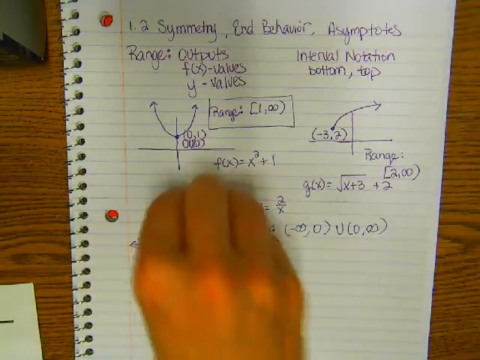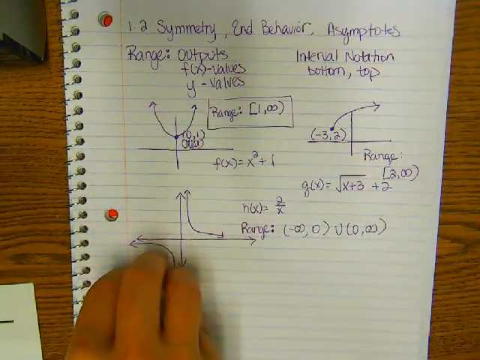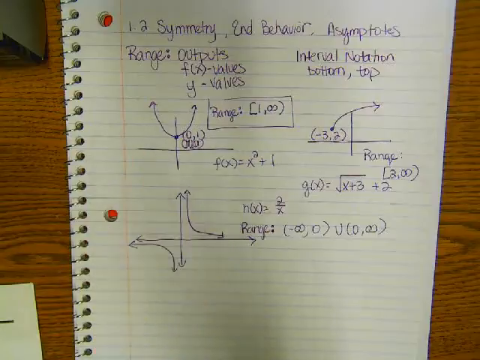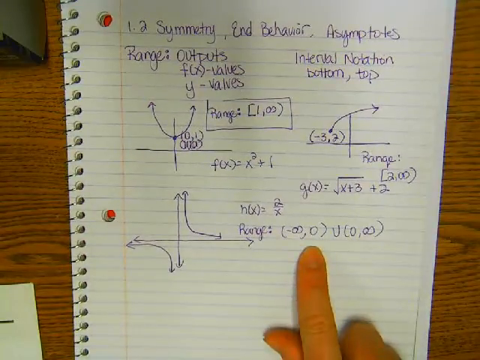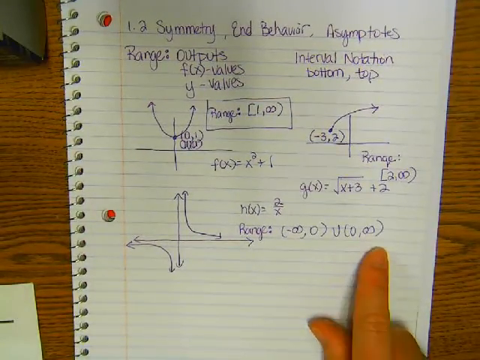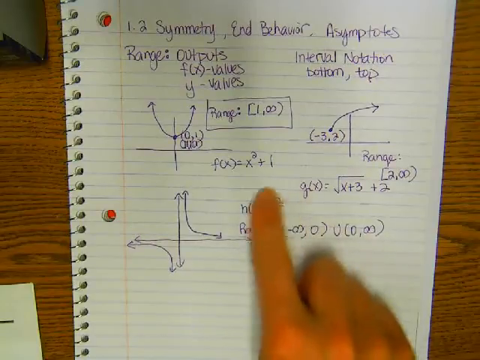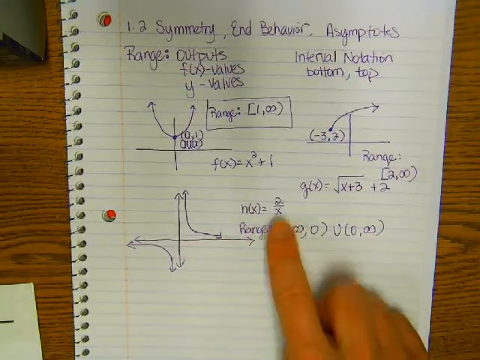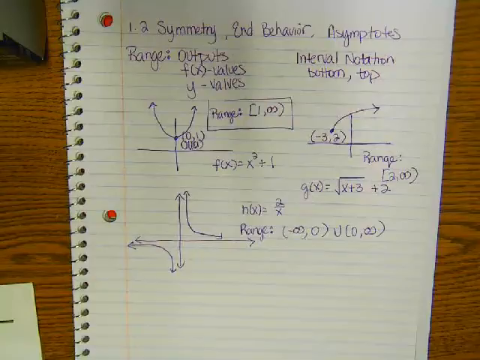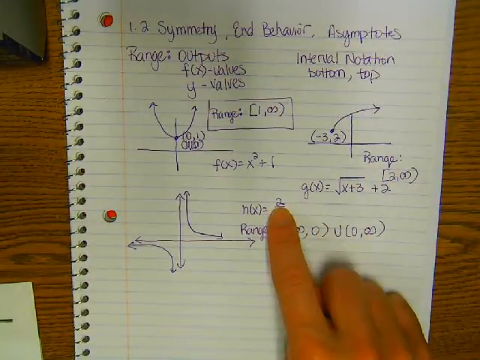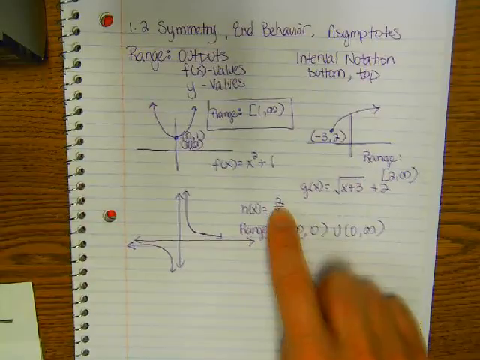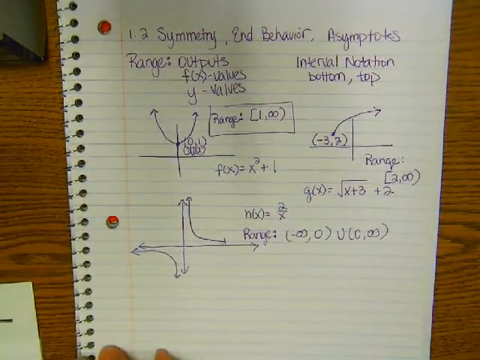And if I put negatives, it would be negative, and so that's why we have negative infinity to 0, 0 to infinity. This never has an output of 0, because the top would have to be 0 in order for that to happen. Couldn't the top be 0? No, it's fixed at what number? 2. Yeah. Okay, so there's a little bit about talking through range.